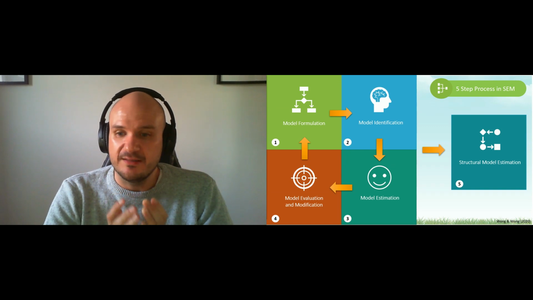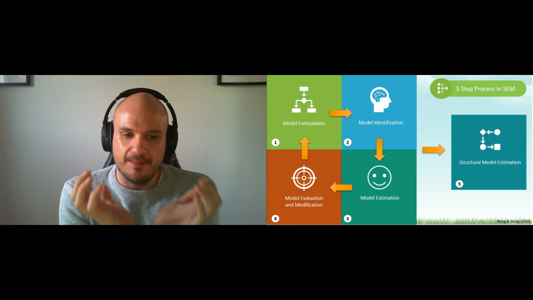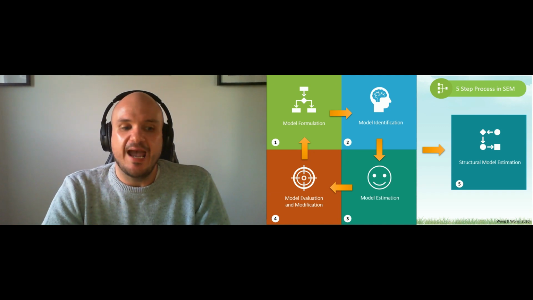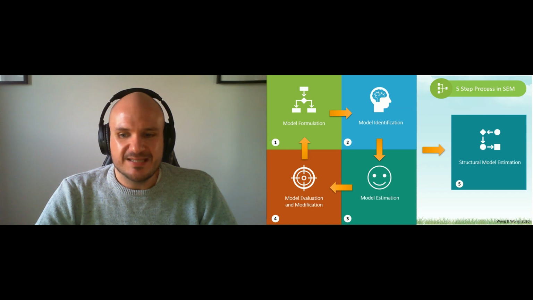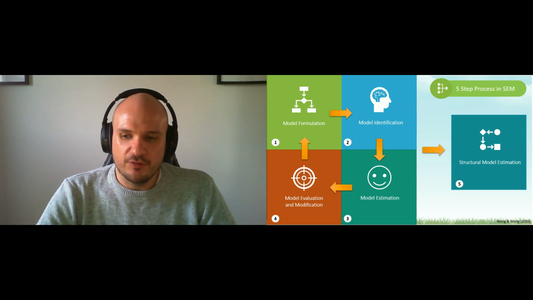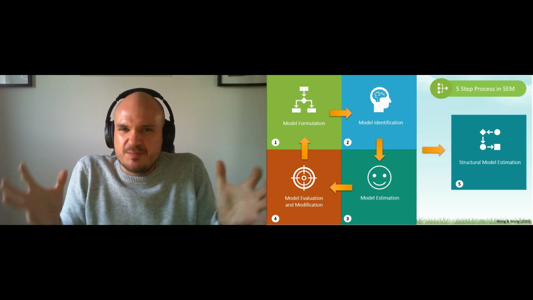Okay, once our model is identified, we have what we call model estimation, and this is actually you doing the actual evaluation. So here we try to minimize the differences between the observed and the implied or latent factors, right? So we try to get a good match, trying to incorporate as much as possible.